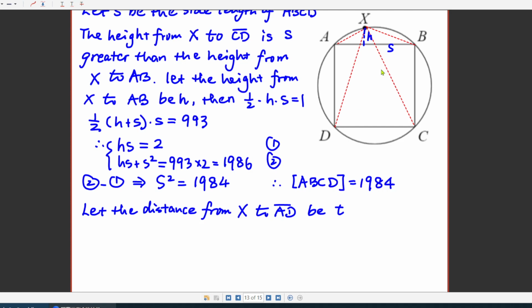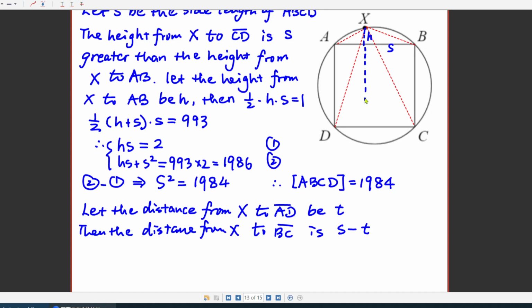And the distance from X to BC is S minus T, right? Can you see that? So if this distance is T, then this distance is, of course, S minus T, right?